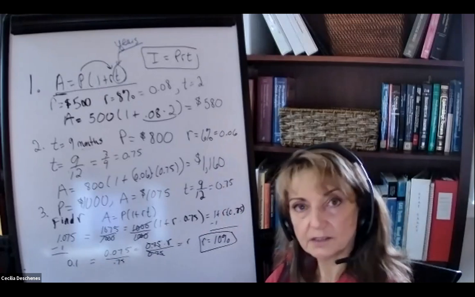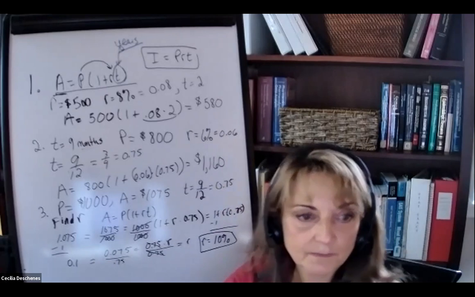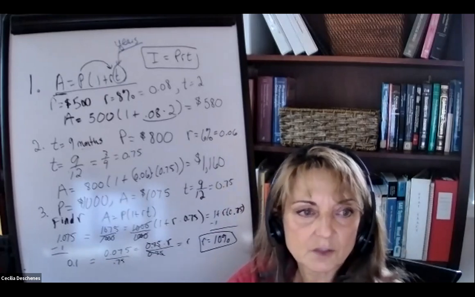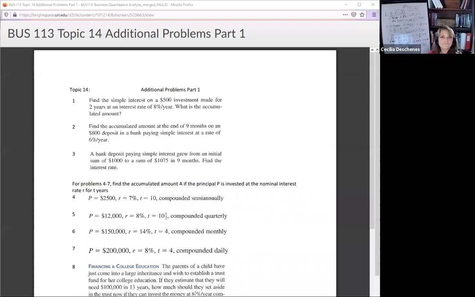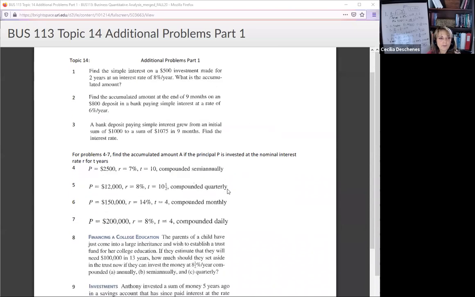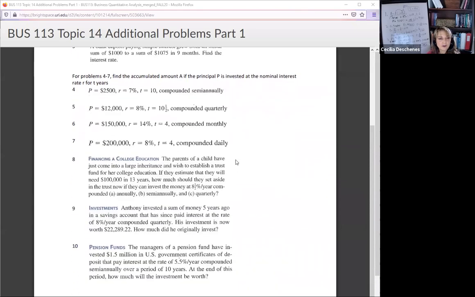Let's go on and do the next ones. For problems 4 to 7, we want to find the accumulated amount A if the principal P is invested at the nominal interest rate R for T years.